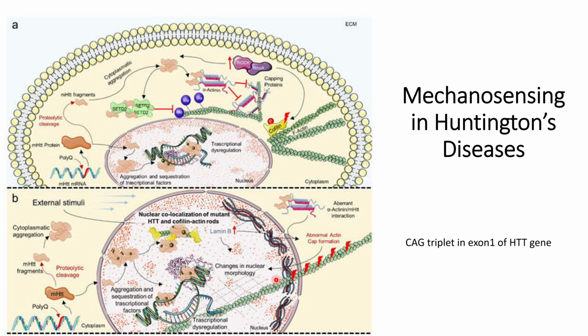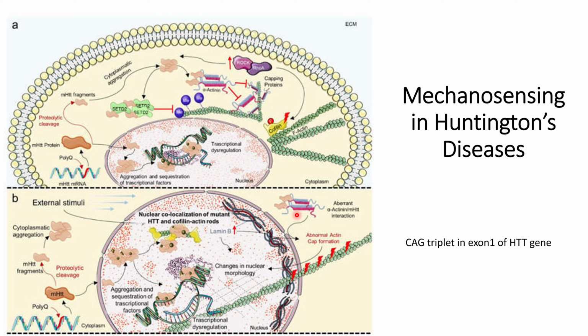At the same time, nuclear motility will be reduced because rod-like structures are formed in the cytoplasmic domain and in the nuclear domain. Moreover, the interactions in actin cap formation are also affected by the Huntington protein, and also the interaction between Huntington protein and actin is affected.